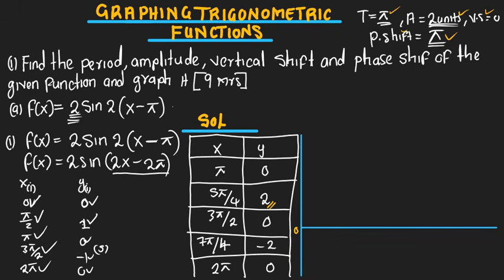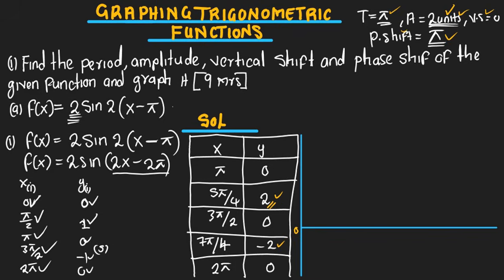And remember, what was our amplitude? 2 units. The amplitude is 2 units, meaning our graph should at least be at 2. And we already have a 2 here. It's showing us where our maximum is going to be. How about our minimum? Our minimum is going to be negative 2. I don't need to calculate.